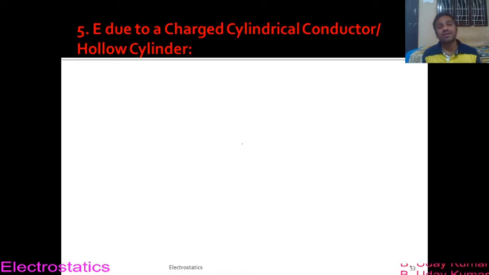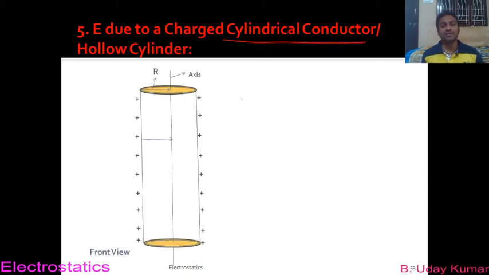You can call it in any way that you want. First of all, we try to understand what a charged cylindrical conductor is, and we have to find the electric field intensity due to it.